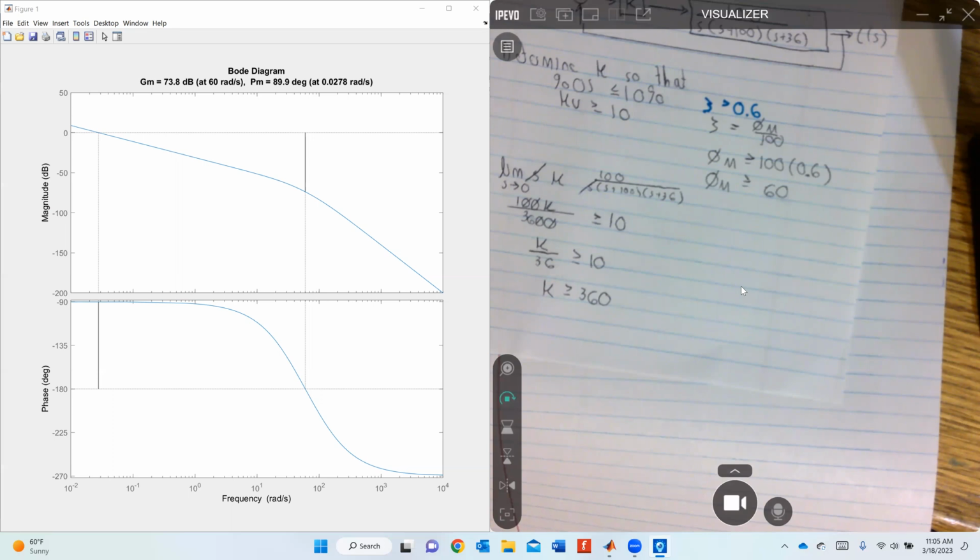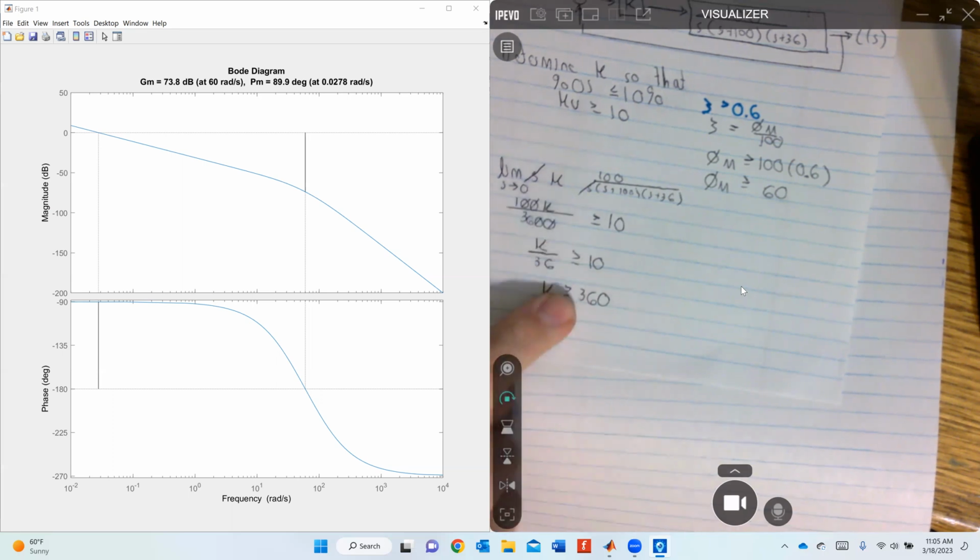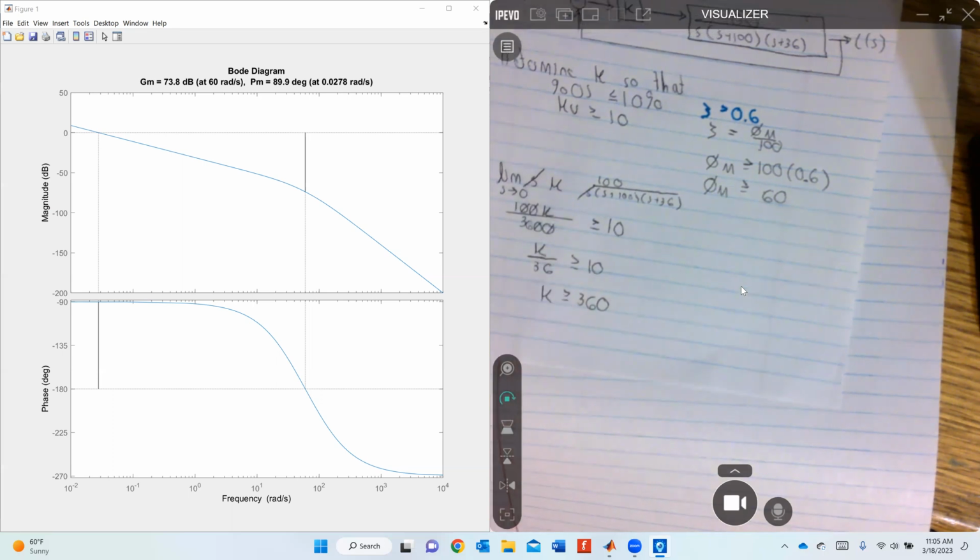So we do have some room to add some gain to the system without disturbing the system's phase. And so what we can do is we want to find the max amount of gain we can add to the system. Because we said that KV is equal to 360, but we notice that the gain margin isn't infinite. So we notice that there has to be a limit to how much we can add specifically to our system.